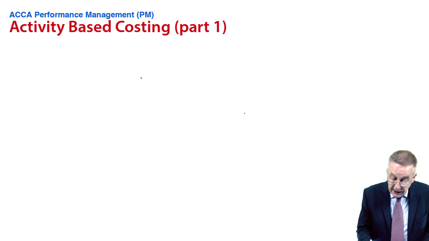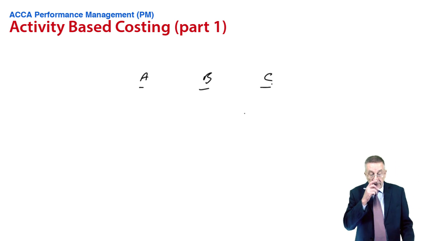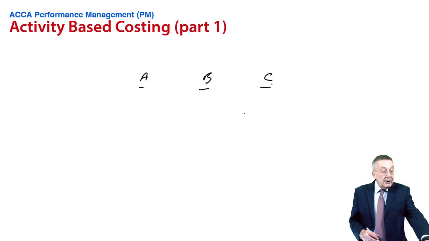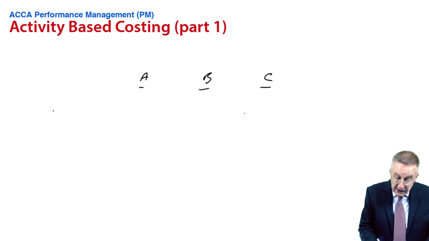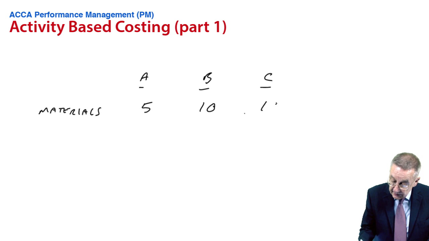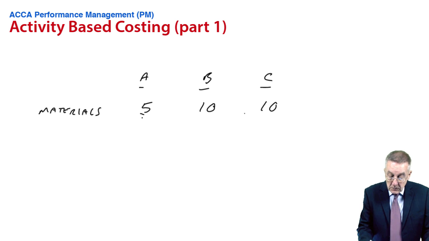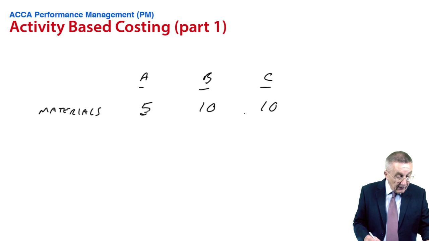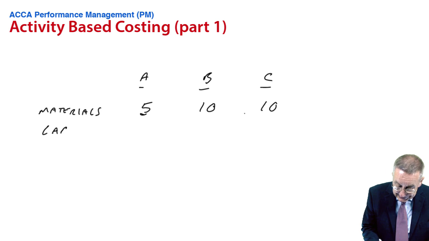We want the cost per unit, so let's set up cost cards. 3 products, A, B and C. And what information are we given? Well, in that table at the top, we know what the material cost per unit is. That's easy. The materials, 5 for A, 10 for B, 10 for C. In addition, there's labour.